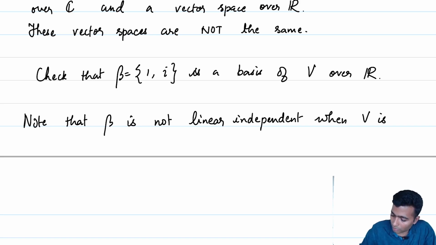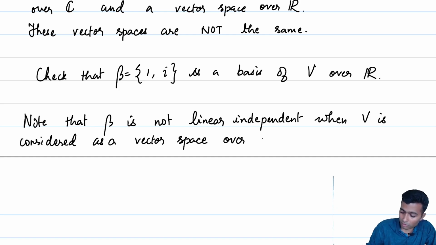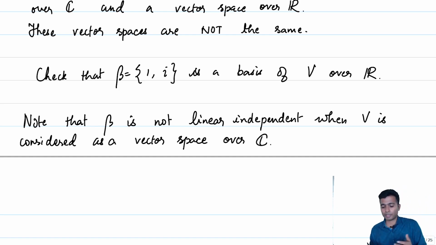So these are two vectors in C, right? But when you consider V as a vector space over C, this is not even linearly independent.